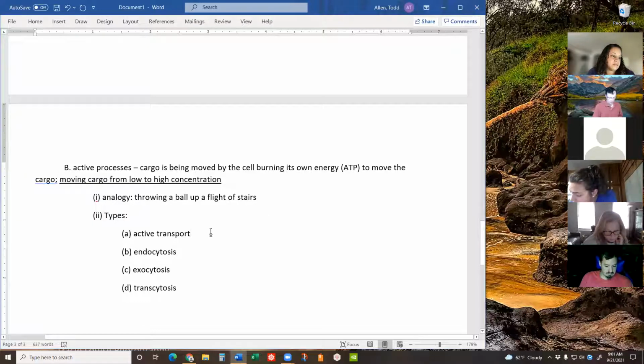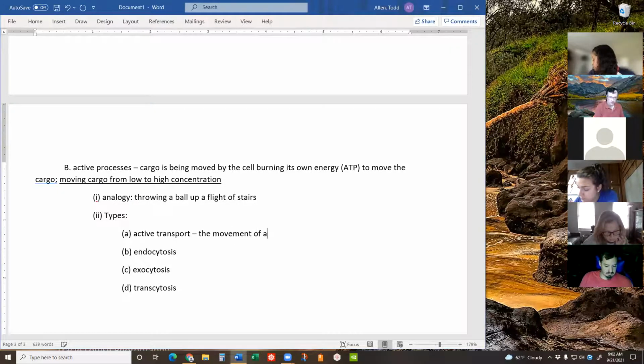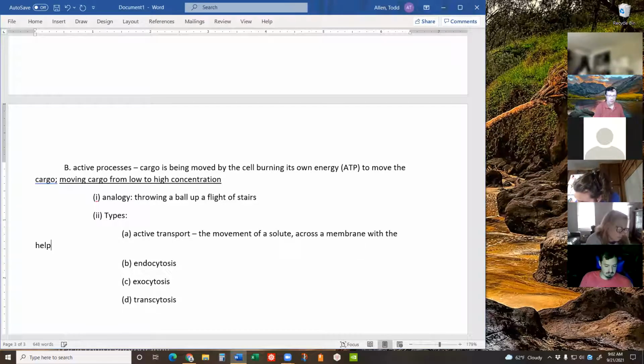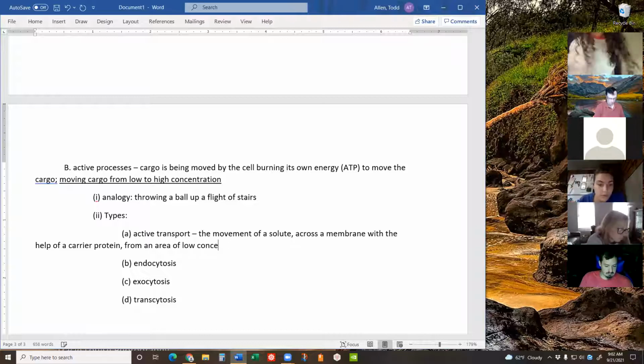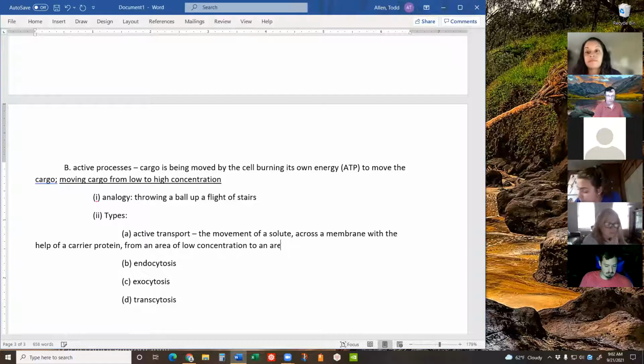All right, so let's define some of these things. Active transport is the movement of a solute across a membrane with the help of a carrier protein from an area of low concentration to an area of high concentration.